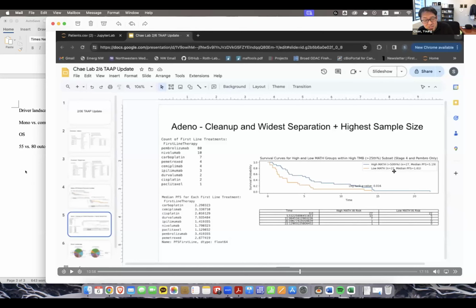We're just going to say we see differential correlation, at different cutoffs, different association. So it's going to be more descriptive than trying to advocate for one hypothesis.